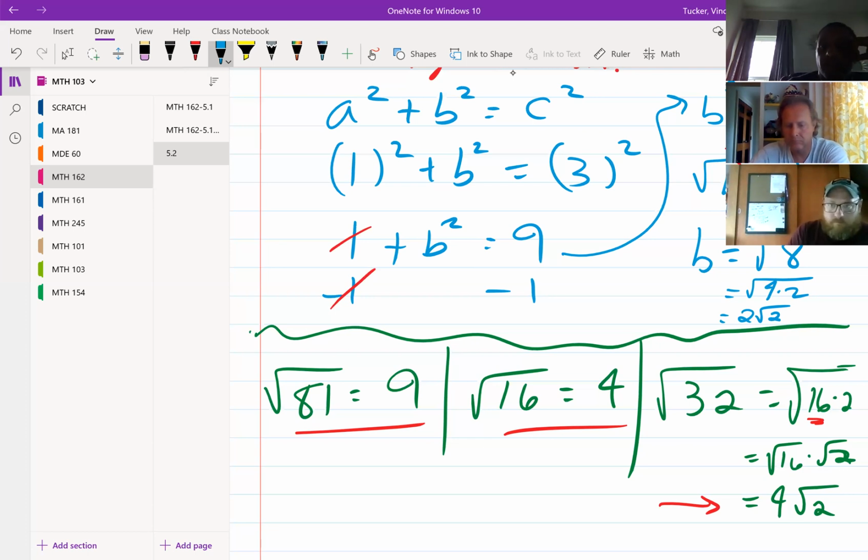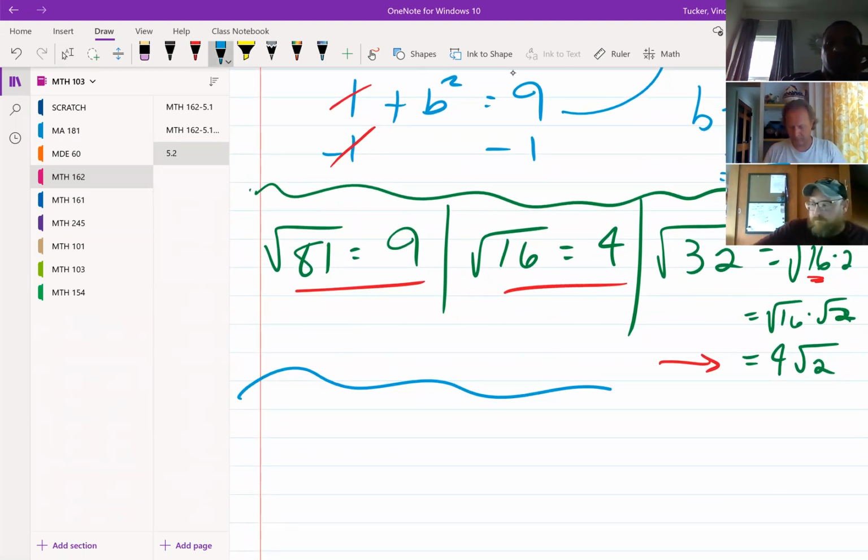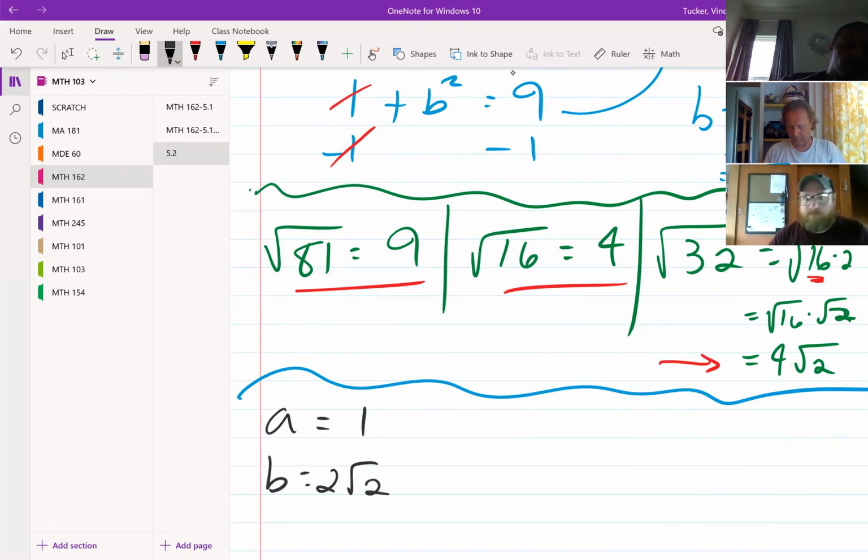All right, so before we go any further, any problems with B or anything I've said up to this point? All right, scroll up a little. So now we have A is 1, B is 2 square root of 2, C is 3.